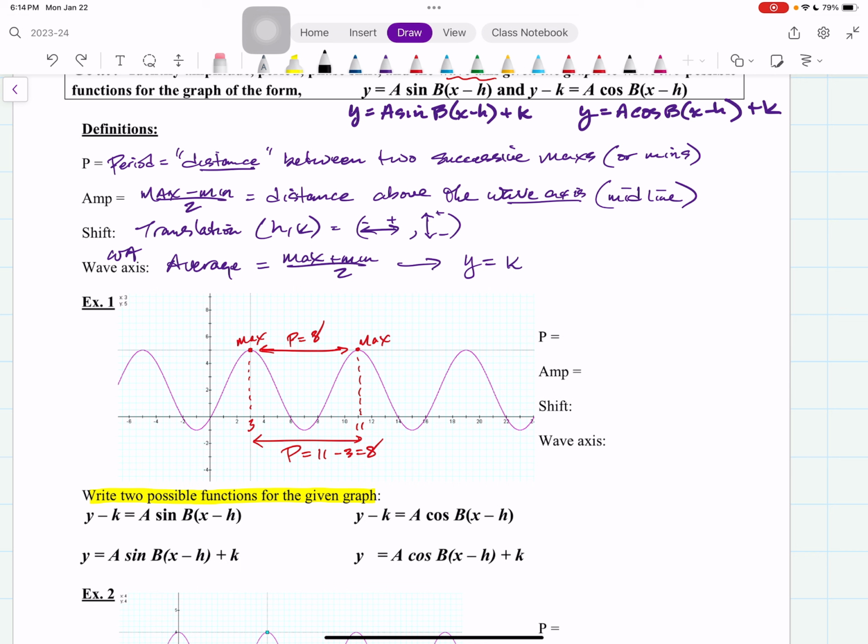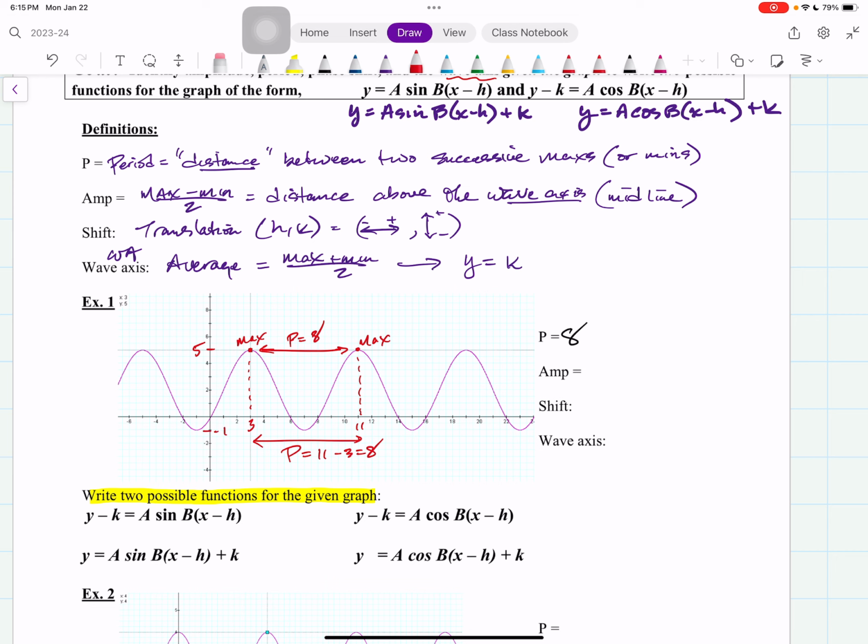Now the amplitude. The amplitude is the distance between the wave axis and the maximum. So it sounds like we need to graph the wave axis. Let's grab a red pen. The max is at 5, it looks like, 5 high. The minimum is at -1.